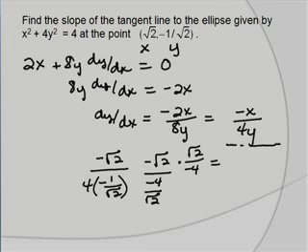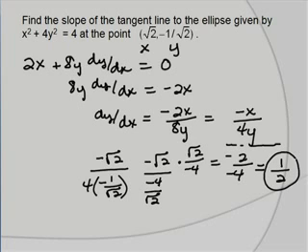So negative square root of 2 times square root of 2 is, well, it's negative 2. And then we have a negative 4. So we can reduce that to 1/2. So the slope to this curve at the point here is 1/2.